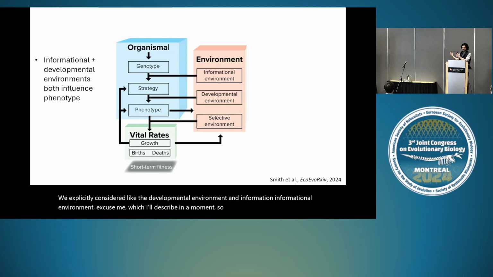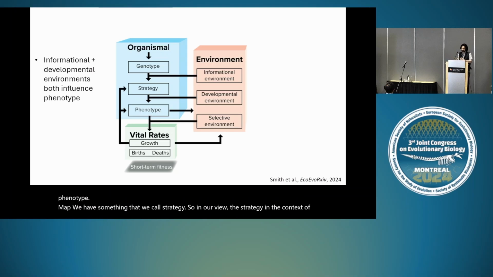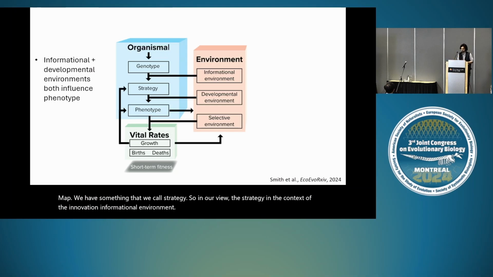Between the genotype and phenotype map, we have something that we call strategy. So in our view, the strategy in the context of the informational environment is what an organism more or less tries to do, quote unquote, or has a trajectory or developmental commitment towards doing. The informational environment consists of things like signals or cues that an organism can use.